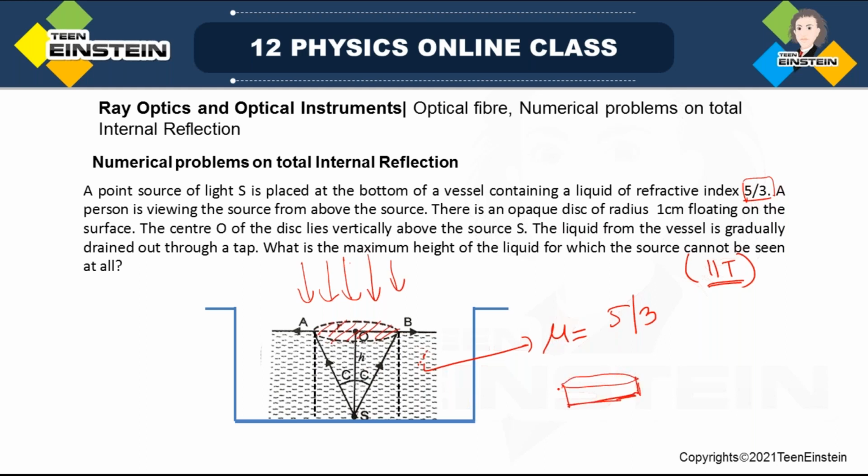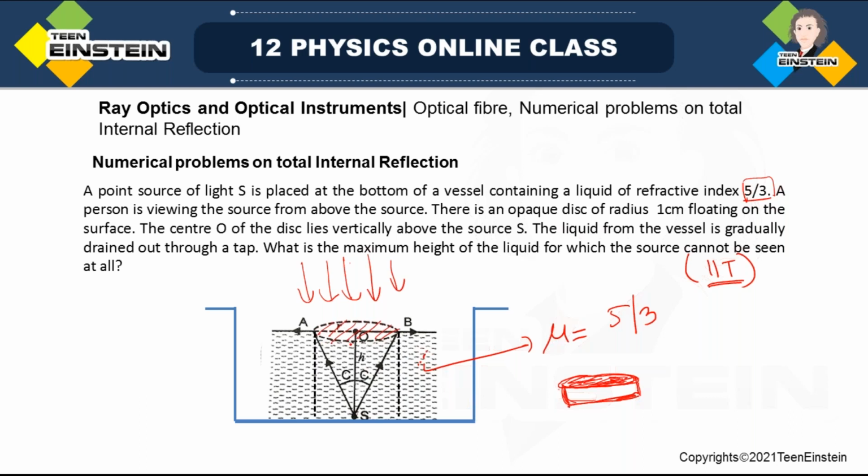Disc means it has some thickness as well. So this is a disc, and it is opaque, in the sense it cannot pass light through it. This is called opaque.